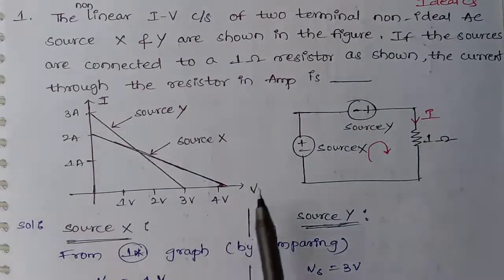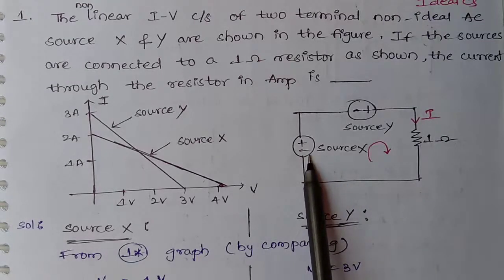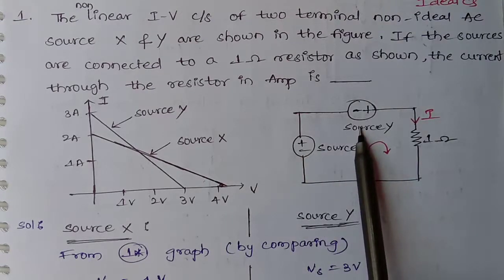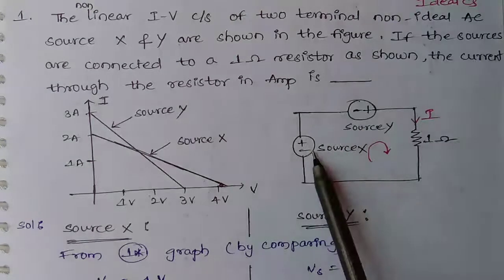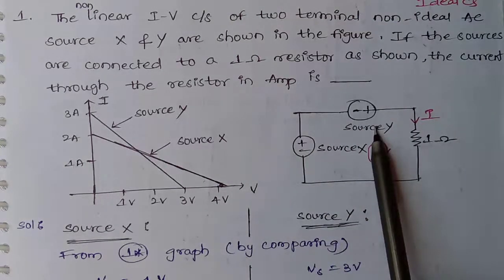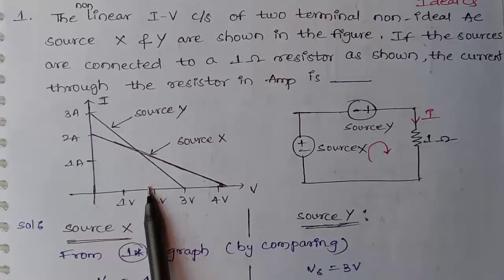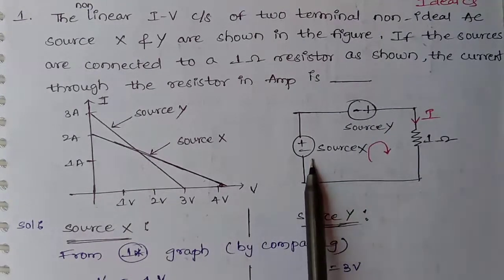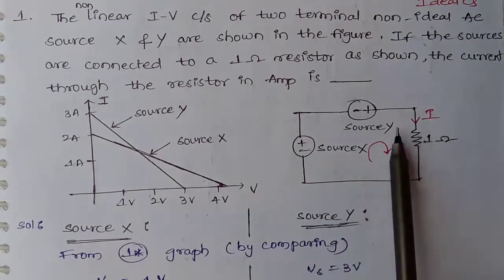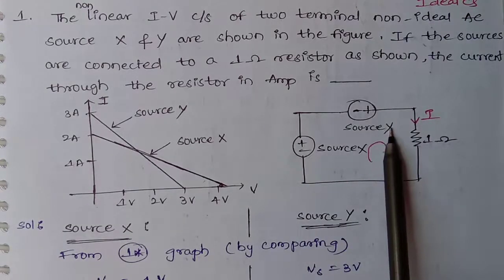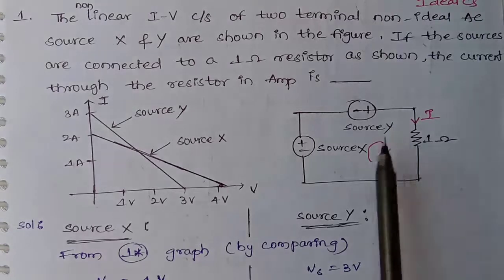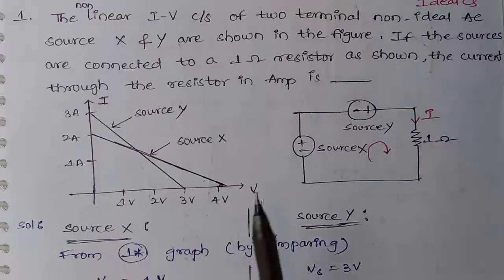So how to find out the voltage value of source X and source Y, and the internal resistance for source X and source Y? By using these characteristics, we need to find out the voltage and internal resistance values of source X and source Y. Now, I hope you are clear with the concept of this question.